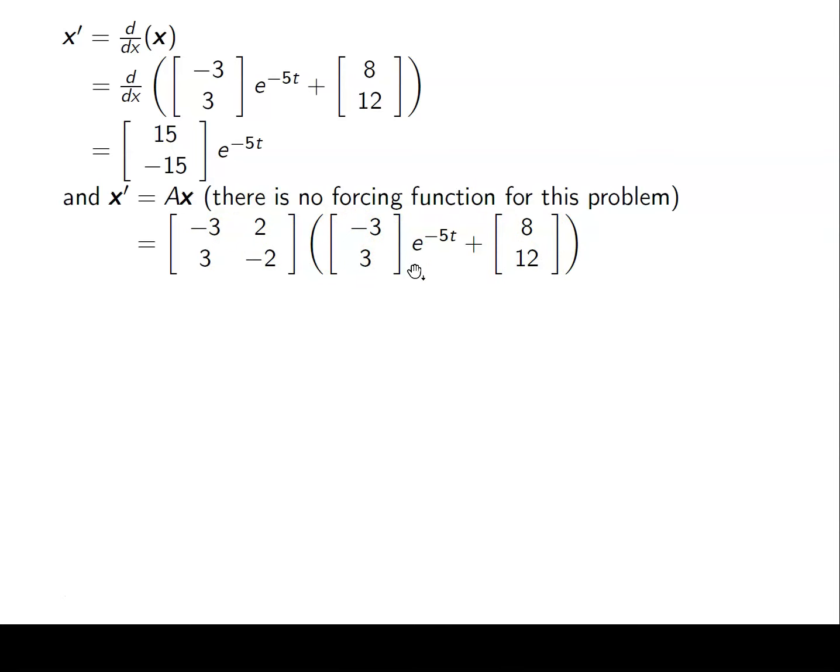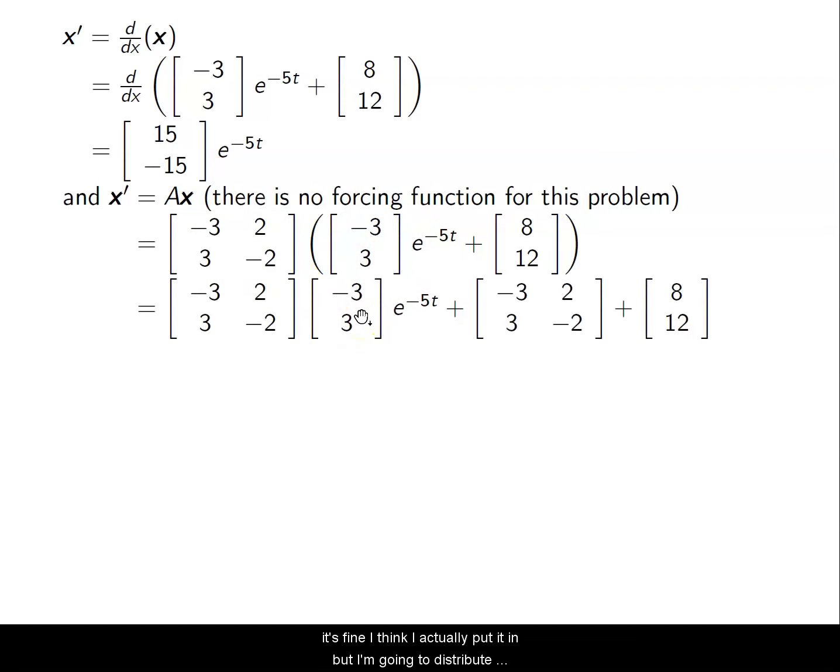Okay, so again, this is where it's important to know how to multiply. So I'm going to multiply this vector times this matrix, and then I will multiply this vector times this matrix. Now in order to do that, I can multiply this e to the negative 5t into both terms if I want to, or I can leave it out, it's fine. I think I actually put it in, but I'm going to distribute this.